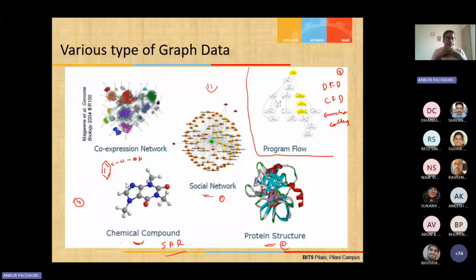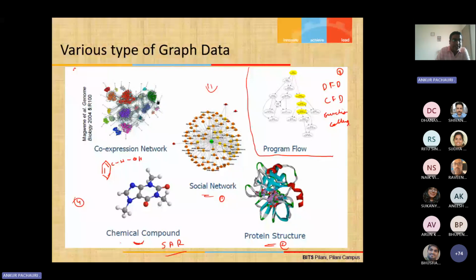Based on that, we were trying to identify the vaccine. Which vaccine can be used to cure this? That's again a prediction probability, meaning neural network. So this is the fourth type of data on which we will be working.